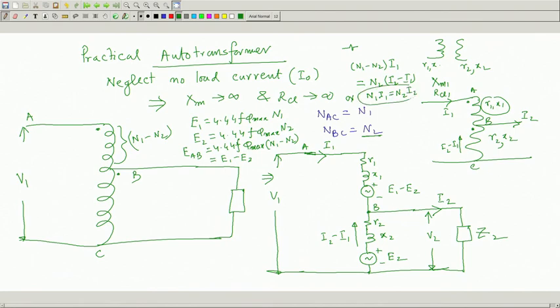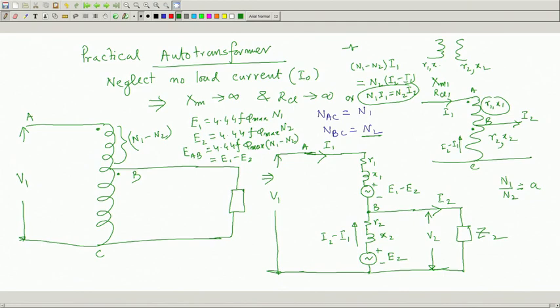See, the point is I should not start from this, I must establish it. It so happens that, like a two winding transformer, N 1 I 1 is equal to N 2 I 2. I have derived that. I will define N 1 by N 2 as A. I will define that.